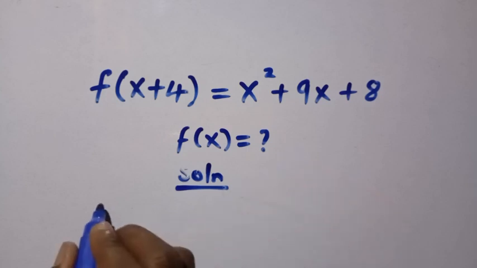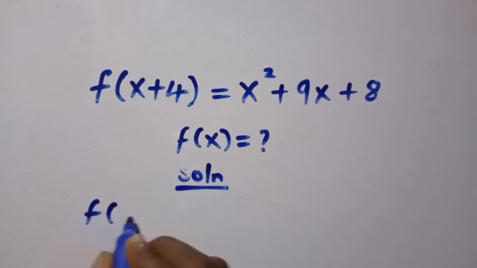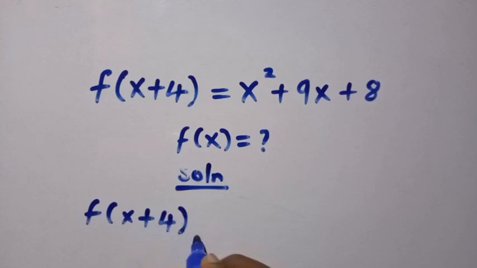But before then, let's write f of x plus 4. So f of x plus 4 equals x squared plus 9x plus 8. We are going to factorize this because I'm going to be using two different methods to solve this. If you want to factorize this, we look for two factors whose sum will be 9 and whose product will be 8.